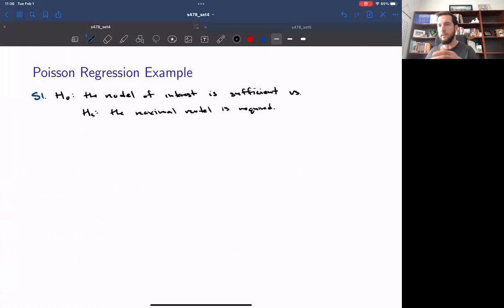Okay, so again, with the deviance measure, they're basically always comparisons between whatever model you're fitting and the maximal model.